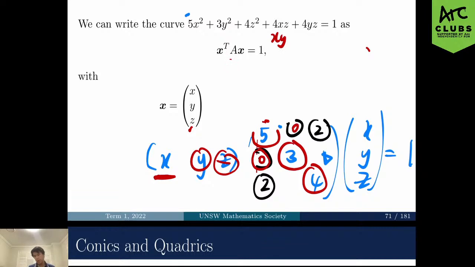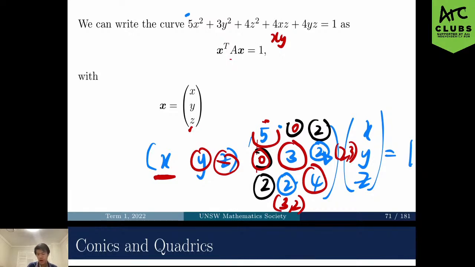Last of all, we've got yz. yz is the 2,3 term, because y is the second one, z is the third one. So this 3,2 term and this 2,3 term will both be equal to something such that they add up to 4. So you split it up into 2, and you get 2, 2. Hopefully that makes sense.